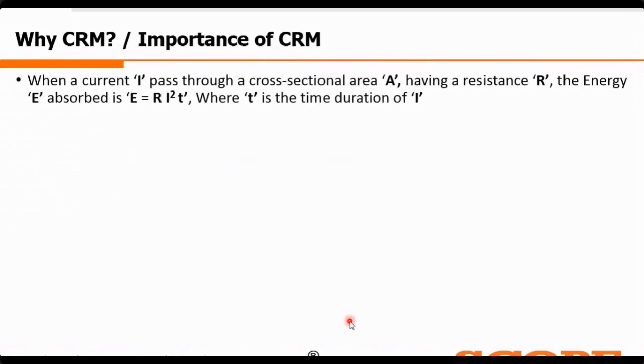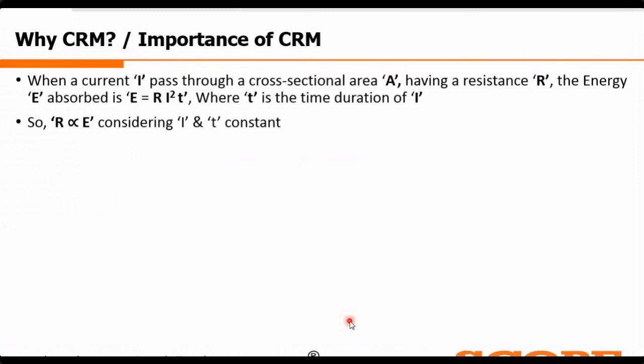Now, what is the importance of the contact resistance measurement? Consider, for example, a circuit breaker which has had a numerous number of operations, and it is an old circuit breaker. Generally, if there is a fault in the system and the circuit breaker trips, the fault current, which has a very high magnitude, leaves a mark in the contact.